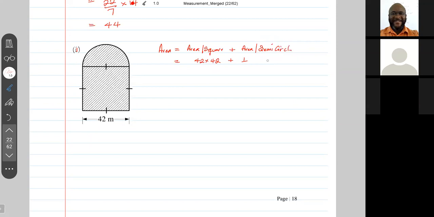So it's a half pi, which is 22 over 7, times the radius, which is 21, times 21. 2 into this goes 11. So 42 times 42.